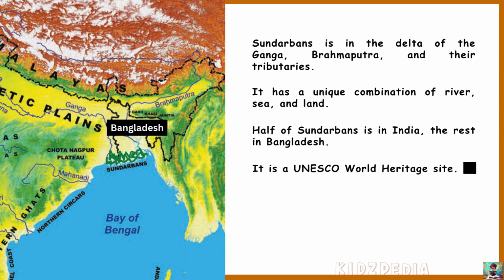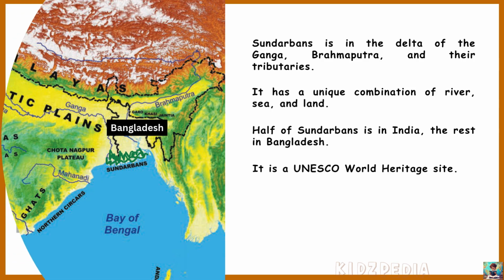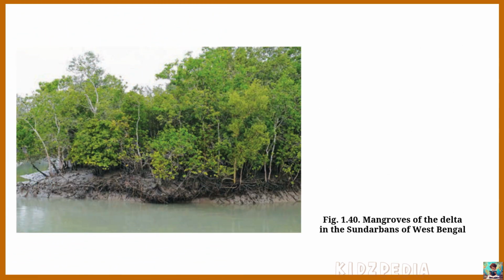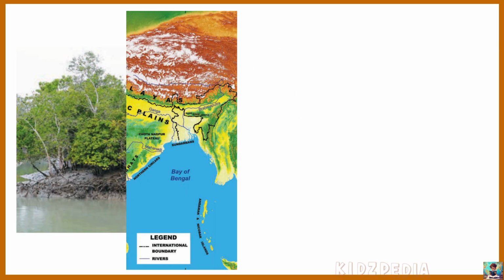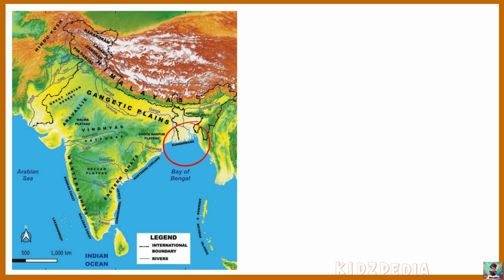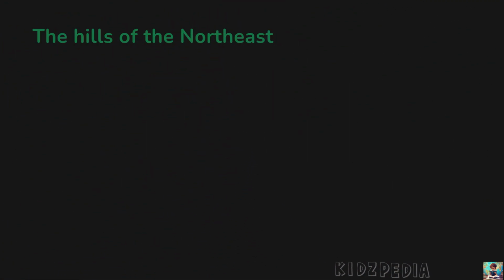It is also a UNESCO World Heritage Site. This area is famous for its mangrove forest, trees that grow in salty water. These forests are home to many animals including the Royal Bengal tiger. Now when you look at the map, try to identify this delta where the rivers spread out and meet the sea.